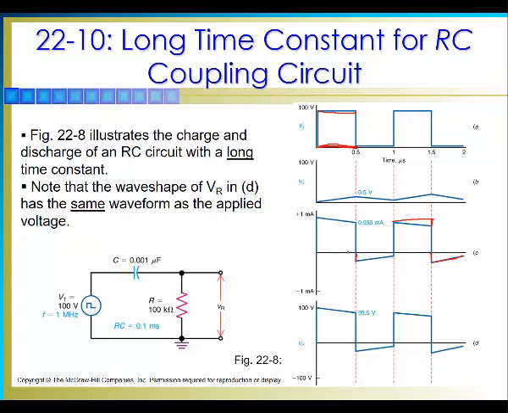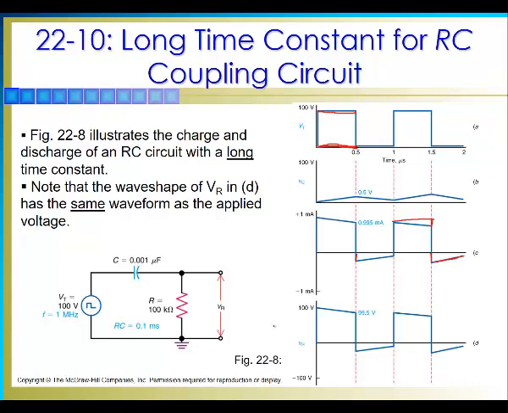And that is because the time constant is very long compared to the duty time of the voltage. The voltage is being applied on and off, on and off, but the switching period is very small compared to the time constant of the circuit.